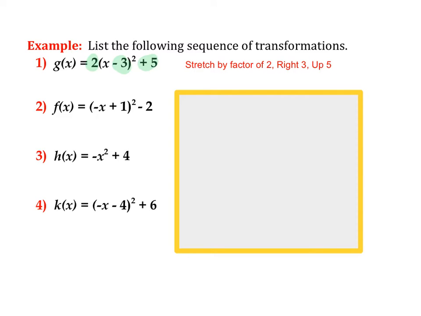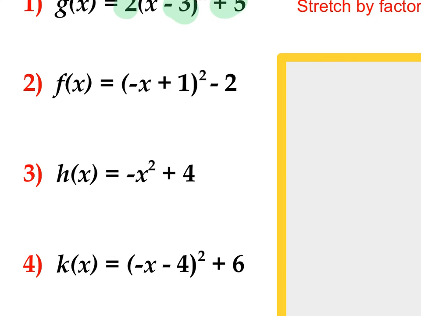Next one, we have another x squared, so another parabola. One thing that we do have to be mindful of, though, is I'm seeing a negative on the x. So that tells me it's going to be reflected over the y-axis, so a horizontal reflection. But if you recall, we have to be careful if there's other stuff going on in the parentheses.